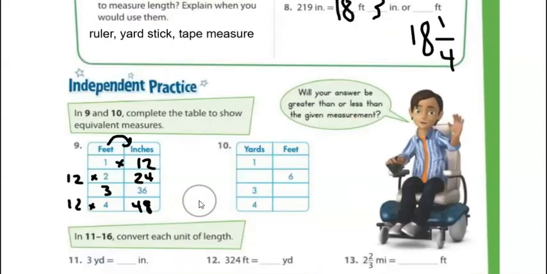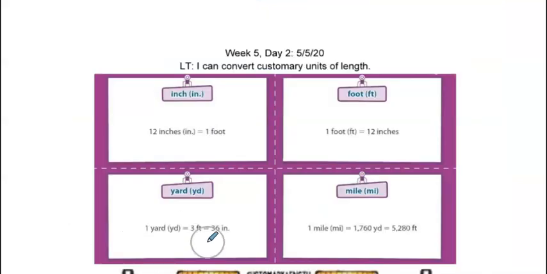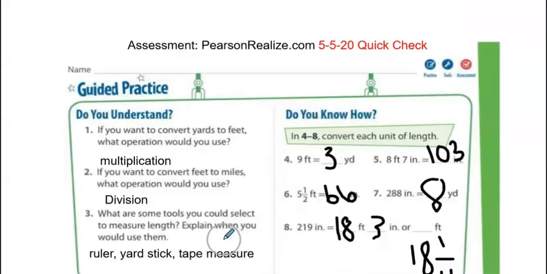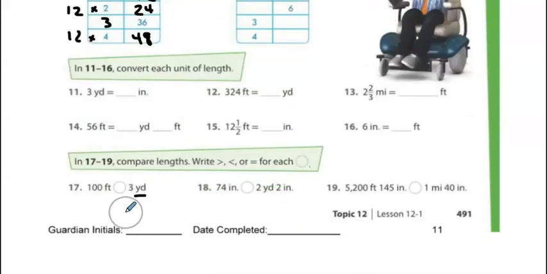So you want to start with that bigger unit, and yards in this instance is the bigger. So we're going to go from yards and we're going to turn that into feet because this is the other measurement and we want to make sure that they're the same. So to go from yards to feet, we're going to multiply that by 3. And we know that 3 times 3 gives me 9. So that would only be 9 feet.